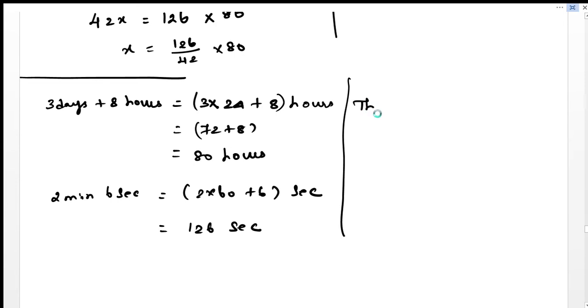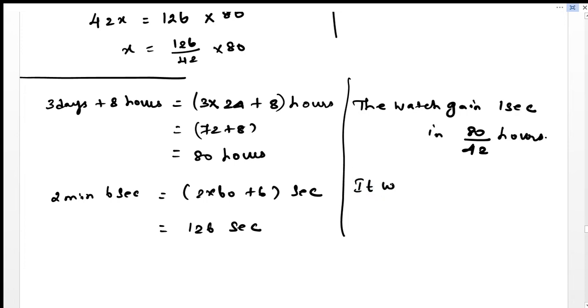Therefore, we have to convert to 1 second. The watch gains 1 second in 80 by 42 hours, right?